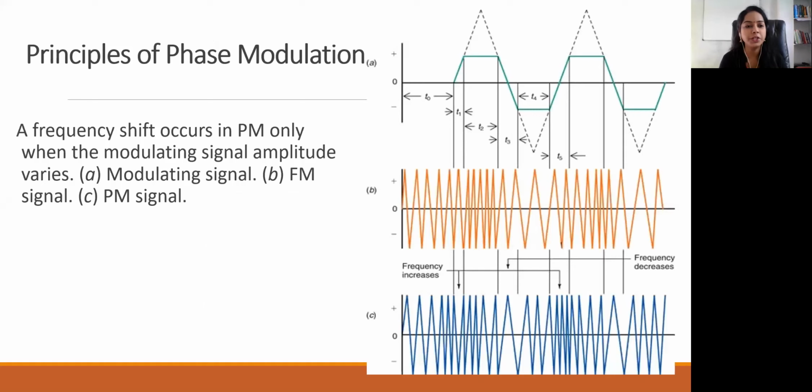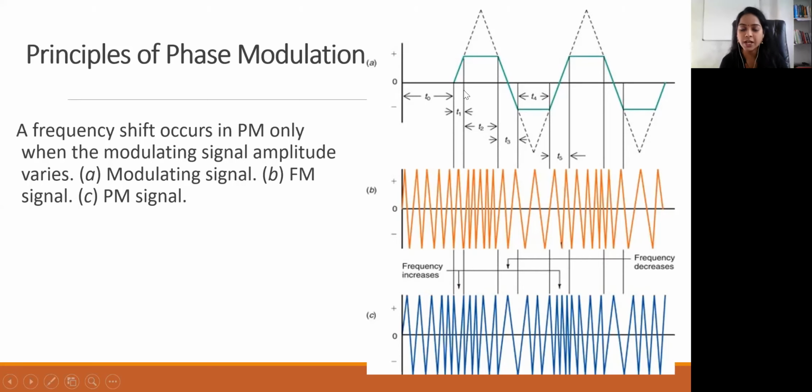Now look at the picture of this phase modulation. Here we have taken a triangular wave to explain the phase modulation. In the next picture or in some successive pictures, the phase modulation will become clear to you, but here we are just concerned about the phases.